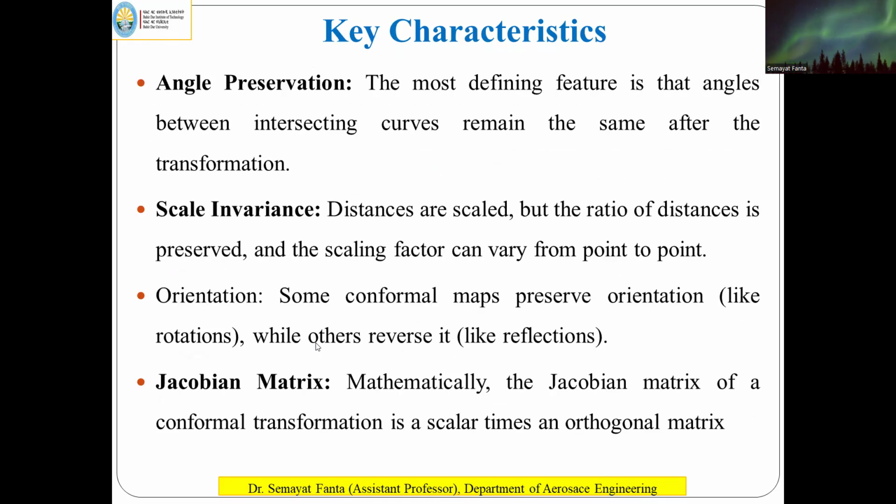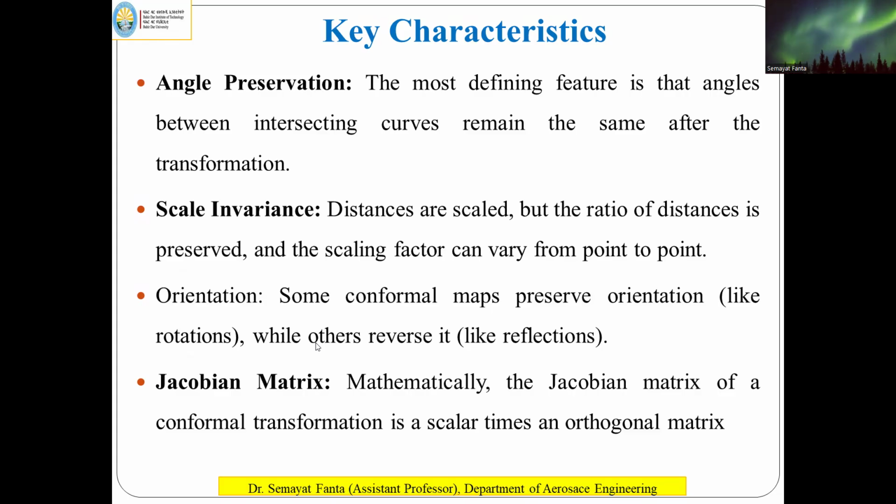So what are the key characteristics of the conformal transformation? One of the key characteristics is angle preservation. The second is scale invariance. The third is orientation, and the fourth is the Jacobian matrix. The most defining feature is that the angle between intersecting curves remains the same after transformation, that is angle preservation.